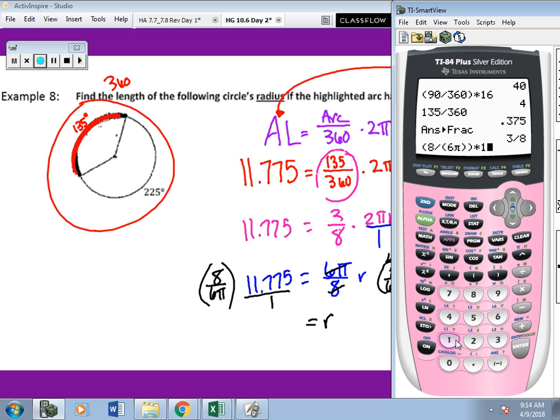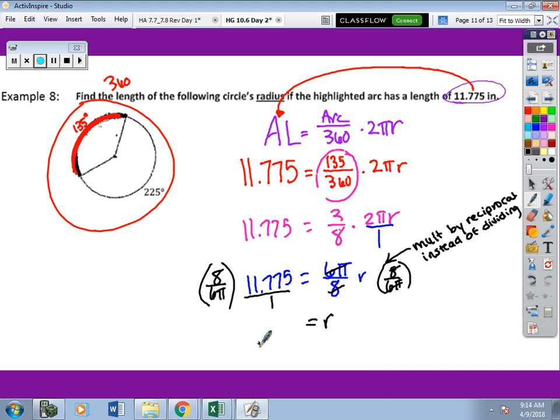Times 11.77. And so we'll round that to be 5, because even if I round it to here, this 9 would round that to 10. So we'll just say 5 inches.